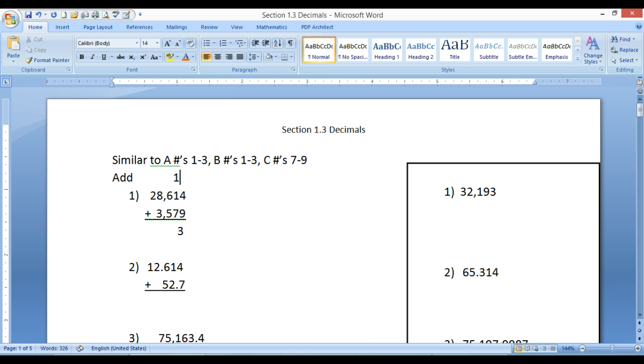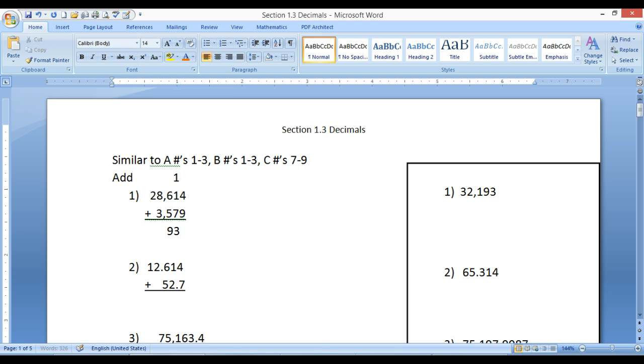Carry the 1, and then I'm going to add the tens place values, which 1 plus 1 plus 7 will give me 9. And then I don't have to carry anything there. Then the next one, the hundreds spot, 5 plus 6, or 6 plus 5, gives me 11, so I will carry here.